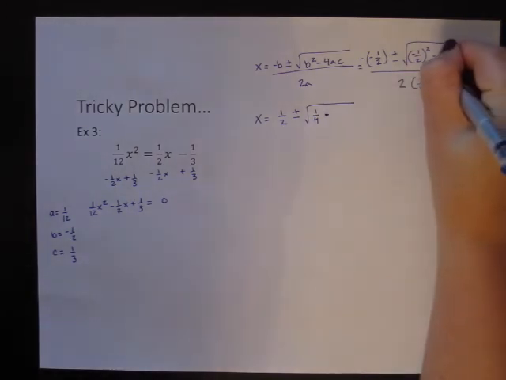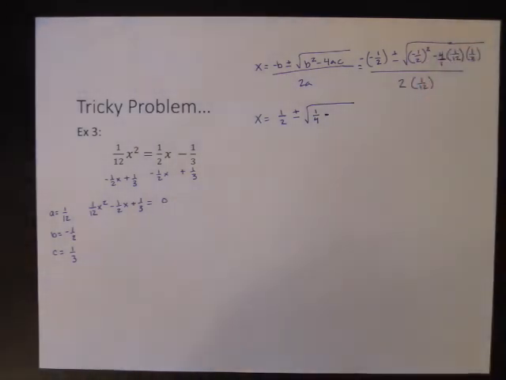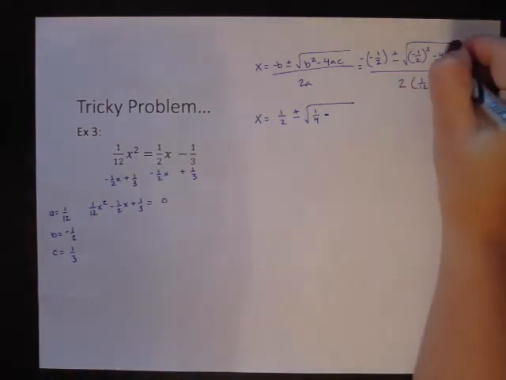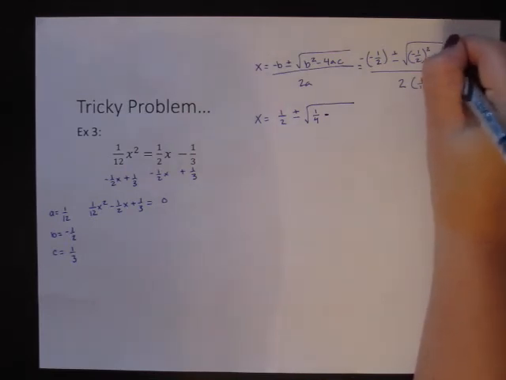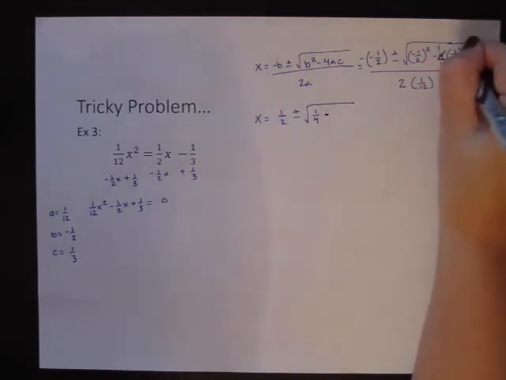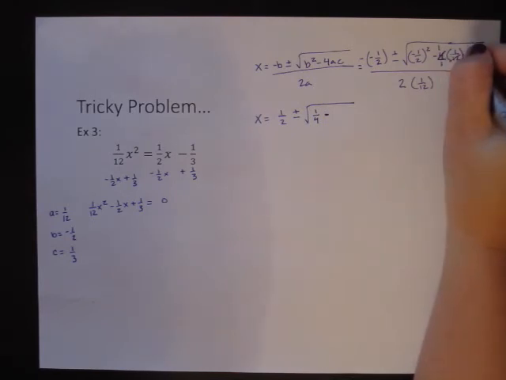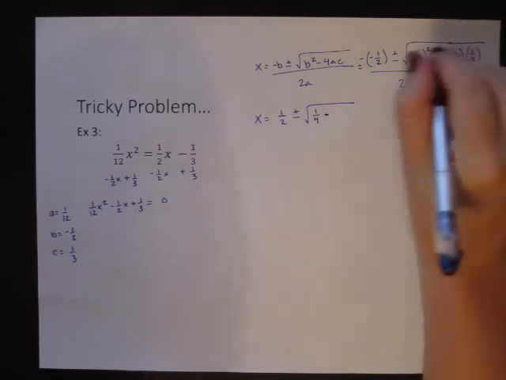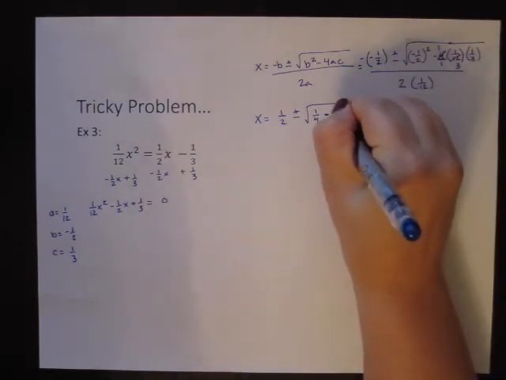And I'm going to put this over 1 so that I can use some cross canceling. So if I cross cancel, the 4 and the 12 will definitely cancel out. 4 divided by 4 is 1. 12 divided by 4 is going to be 3. So all I have is 1/9.